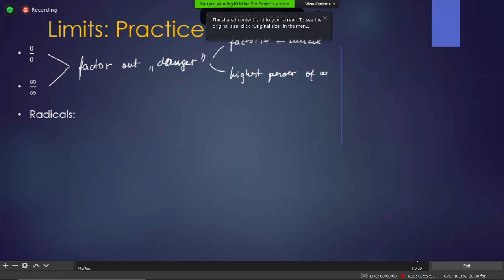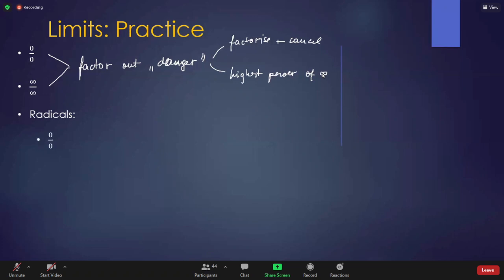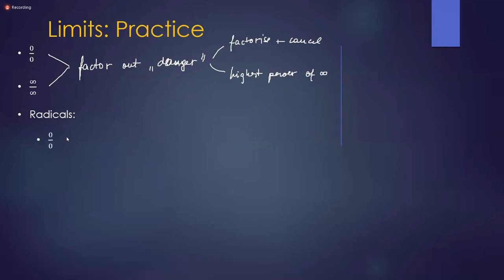We could have situations with radicals. So for 0 over 0, remember what we did? I hope you do. We multiplied and divided by the conjugate sum.